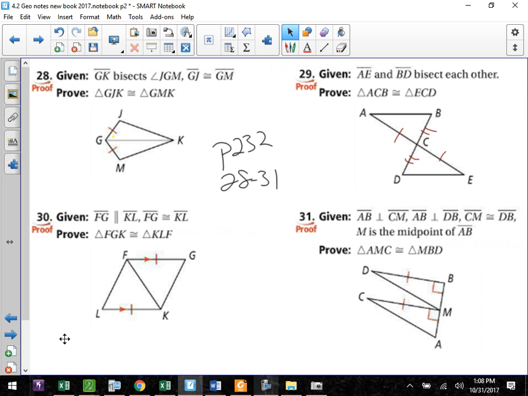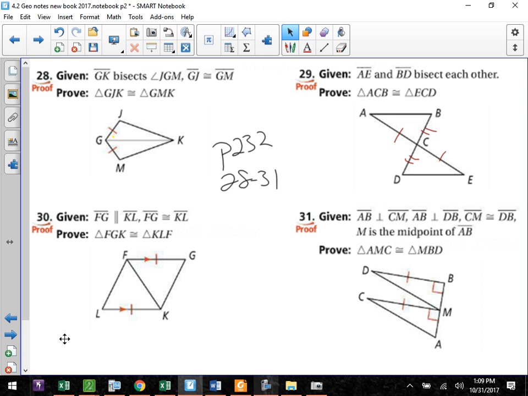When you're looking at it, I want to show you something real fast. If you look at 31, you're given that you have perpendicular twice. Well, you think about it in terms of your progression sheet. If you have perpendicular, then you have right angles congruent. That's 3 steps.